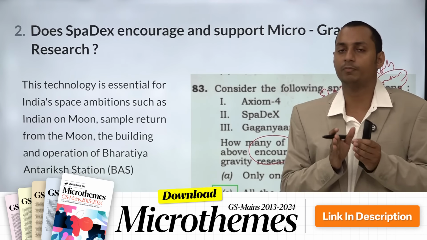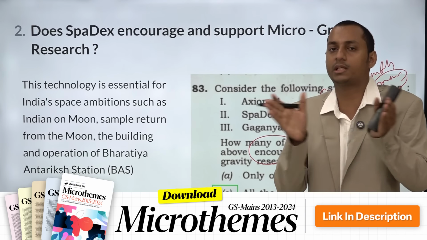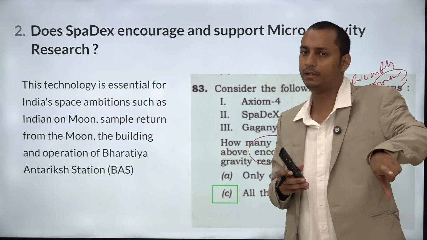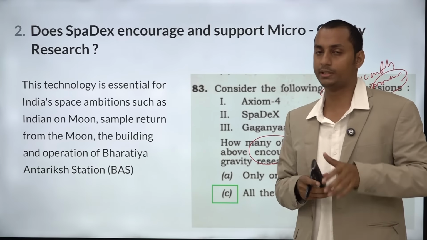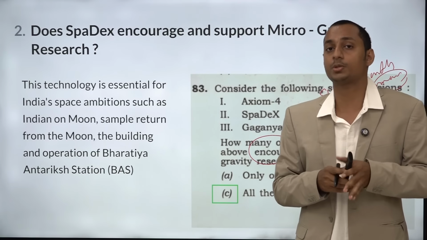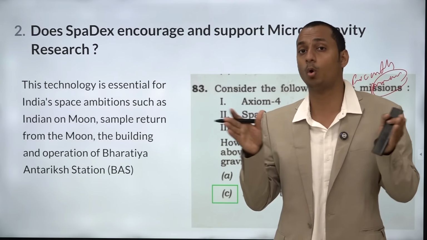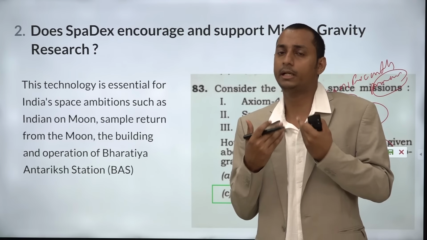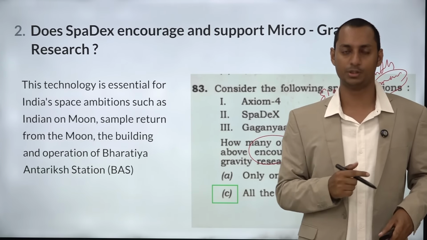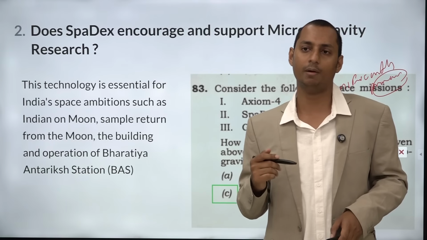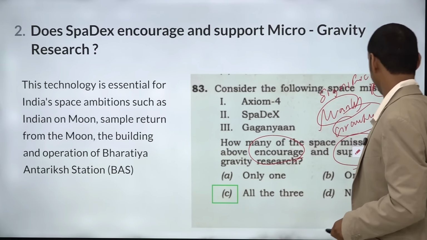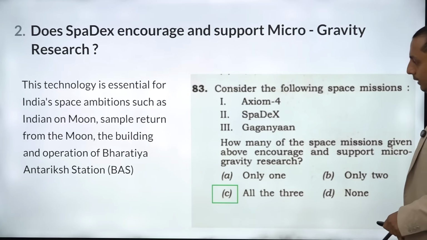If the word was mainly, primarily, or significantly, we would have been very specific. That should have been its main objective. But since the wording is encourage and support, it is a broader term, and if you can find any relation between SPADEX and microgravity, then it should be treated as correct. Now, what does SPADEX mean?